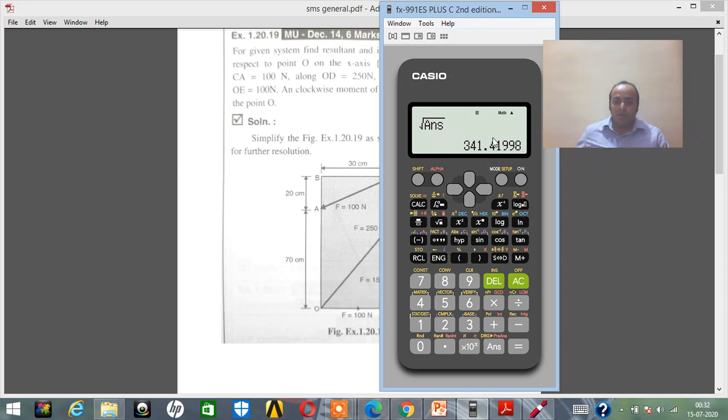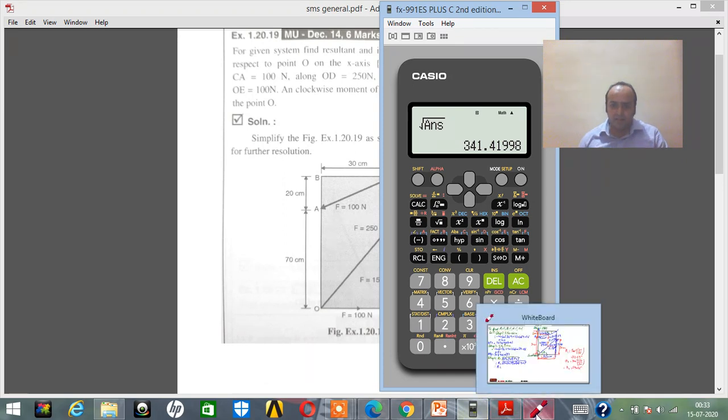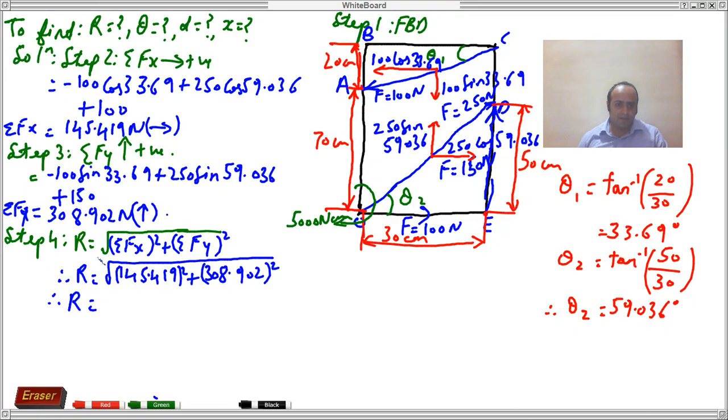So here it is, 341.419 is the answer. We can approximately take it as 342. It's okay. 341.419 Newton. Of course, it will be acting towards first quadrant.